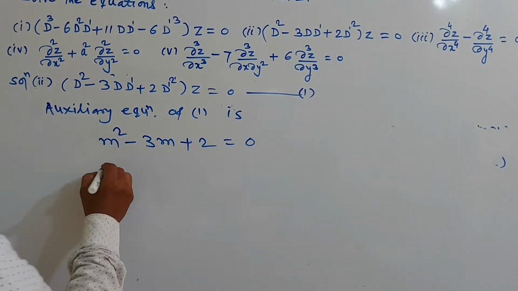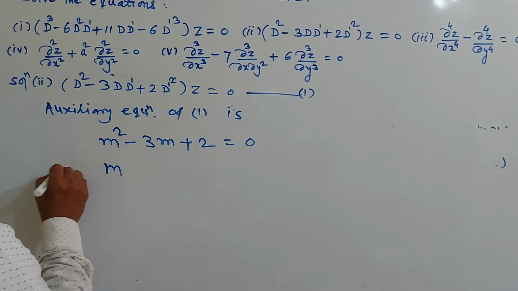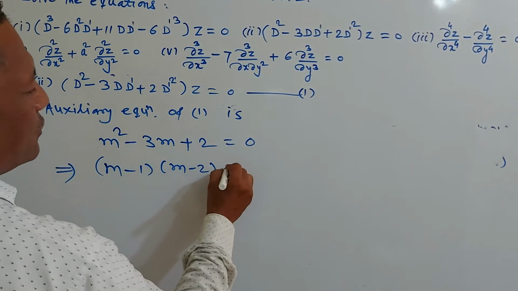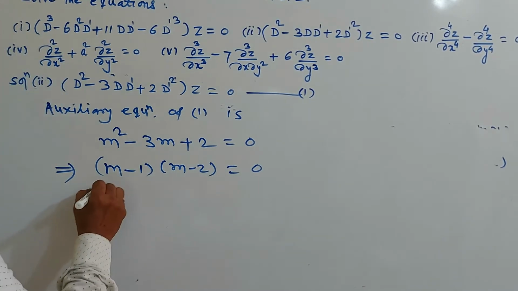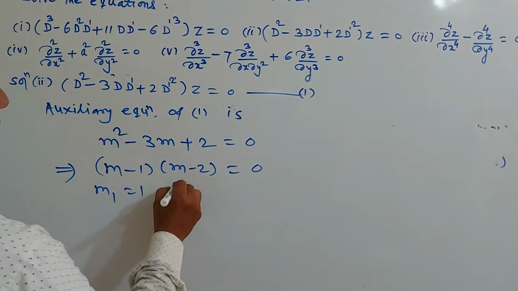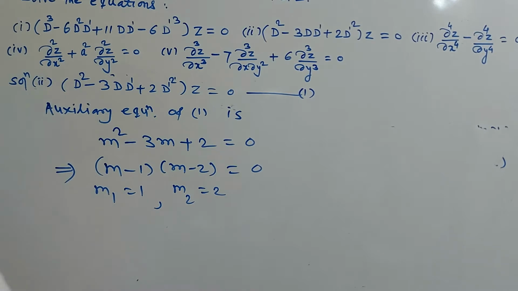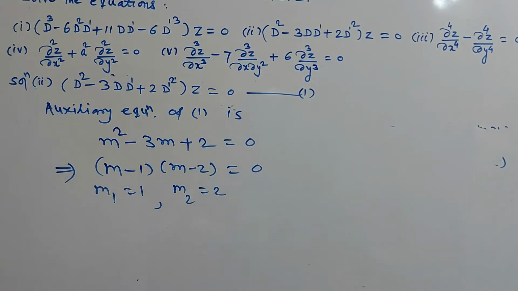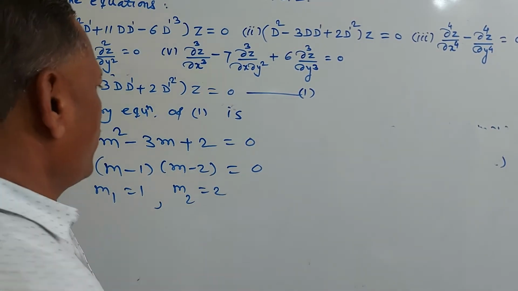So its factors are, this implies m minus 1 into m minus 2 is equal to 0. Therefore m1 is equal to 1, m2 is equal to 2. Or you can write m minus 2 into m minus 1 is equal to 0, so you take m1 is equal to 2 or m2 is equal to 1.